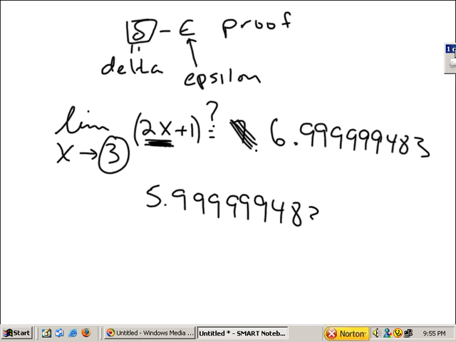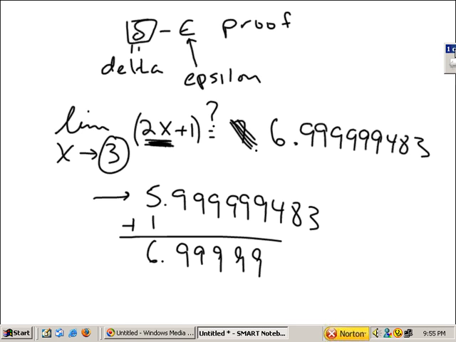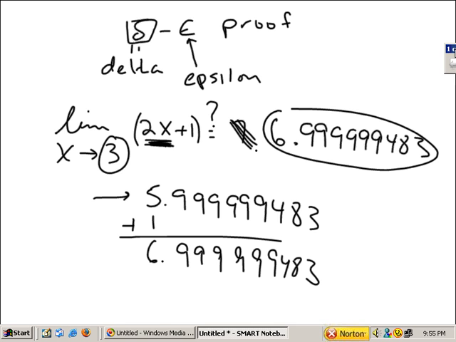It's not unreasonable to say, well, when I take a number close to 3, I get this number here, and then when I add 1, I get exactly 6.999999483. It's not unreasonable for somebody to say, why is this not the answer?